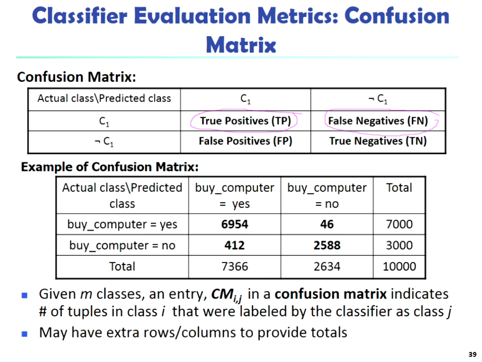Example of a confusion matrix. Here buys computer equal yes, 6954, 46, etc. So how can we interpret this confusion matrix? For buys computer equal yes, we have 7,000 tuples. Is it clear?